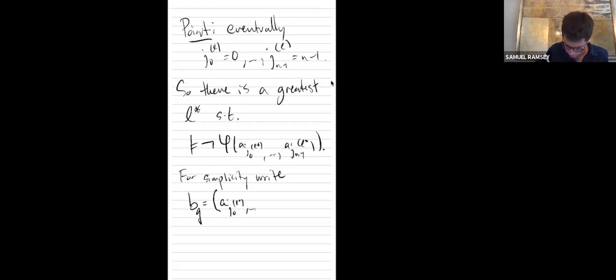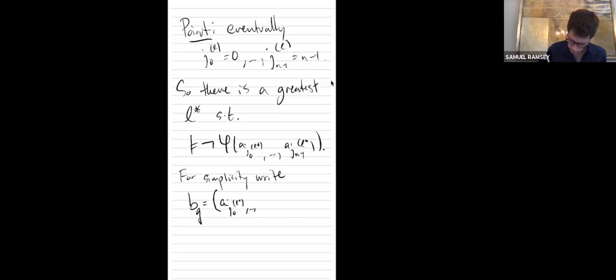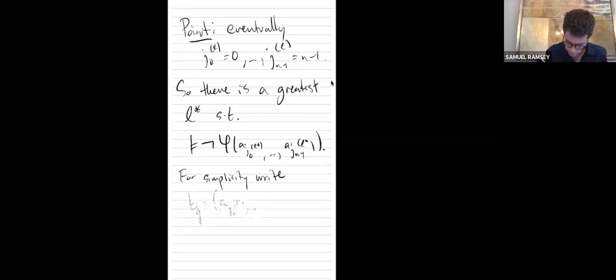Dot dot dot all the way up to, let's see. Yeah, okay, it's fine. So, okay, I'm not going to do this actually. So I was going to write it in a way that's really cumbersome, and that doesn't correspond to the simplicity that I want.